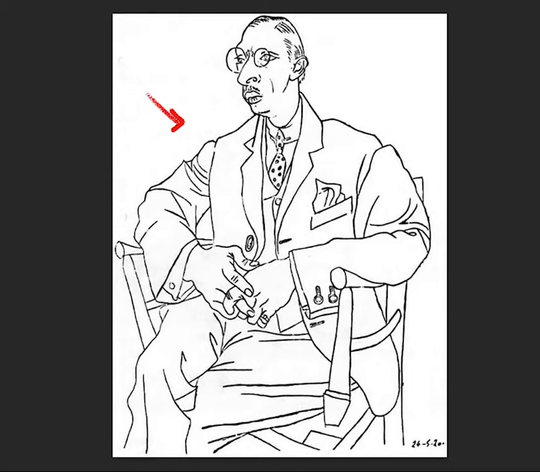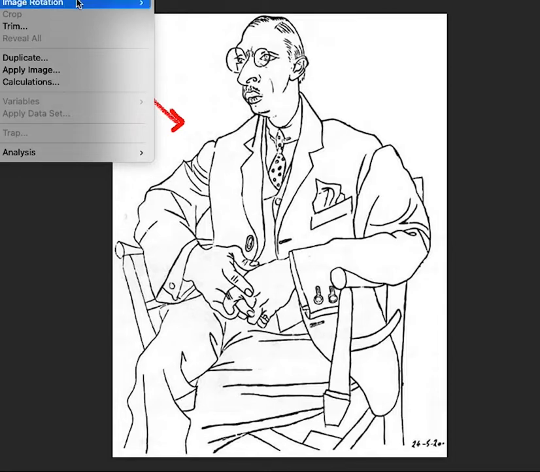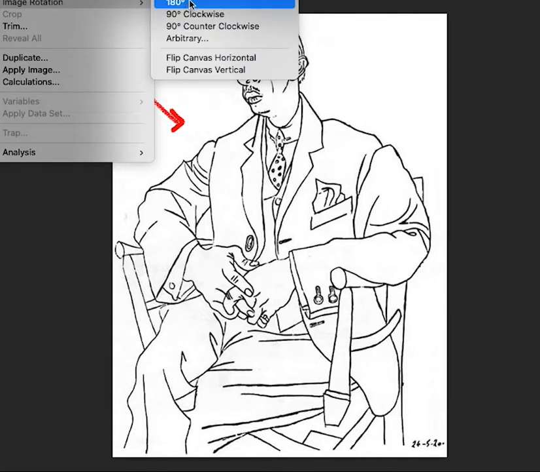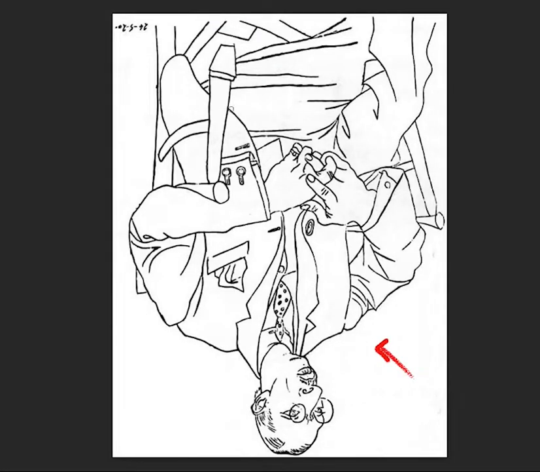So let's do that. Let's go ahead and rotate this. Would that be 180? Yes, it would be. So what we had to do is take a piece of paper of equal size and recreate the abstraction of the shapes in the line as best we could.